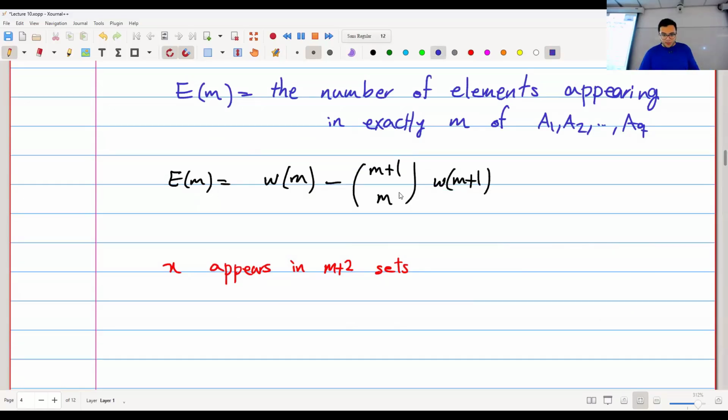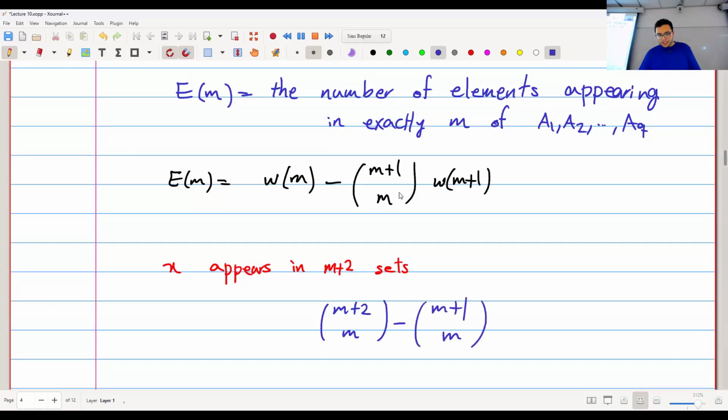In this first one, it's counted M+2 choose M times, right? Because this was the sum of the sizes of the intersections of all combinations of M sets, and if X appears in M+2 sets, it appears in this many of the terms in this sum. Minus, of course, I have this M+1 choose M from here.